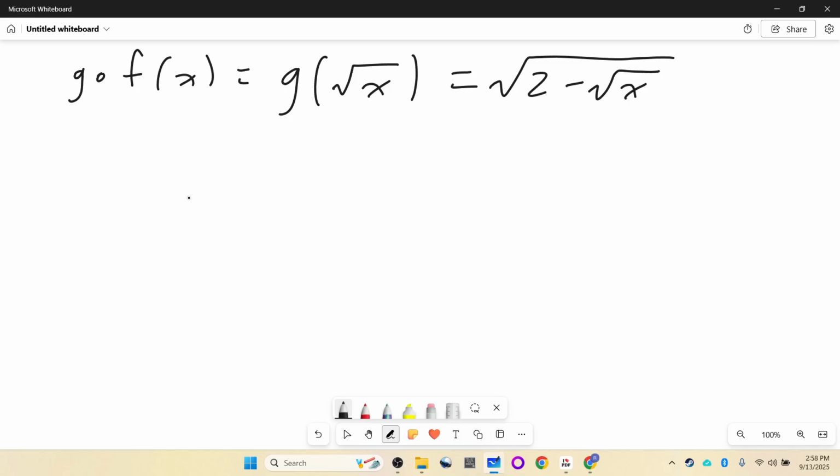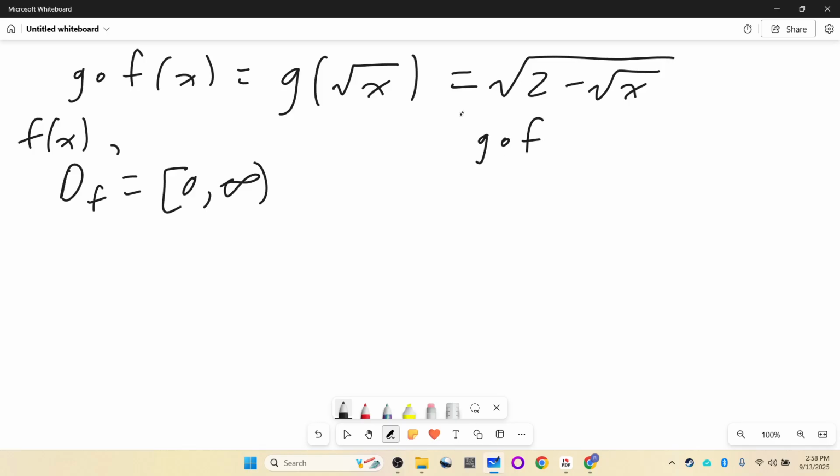This is an example of what I was just talking about. f of x is our inner function, and the domain of f is 0 to infinity.